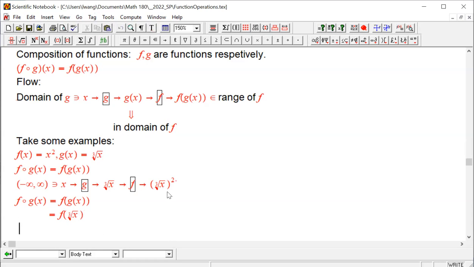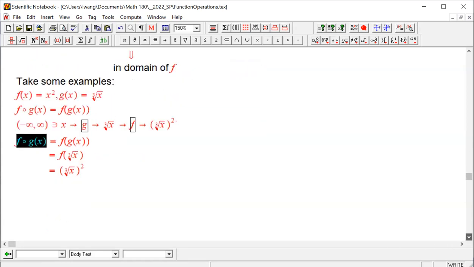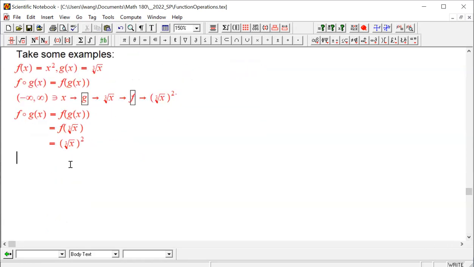And then we apply the rule of F. So we will end up with the cubic root of X squared. Okay, so this is the new function. And that's the consequence of a composition of functions. And you can do G composite F if you want to, right? You can do G composite F, F composite F, G composite G.